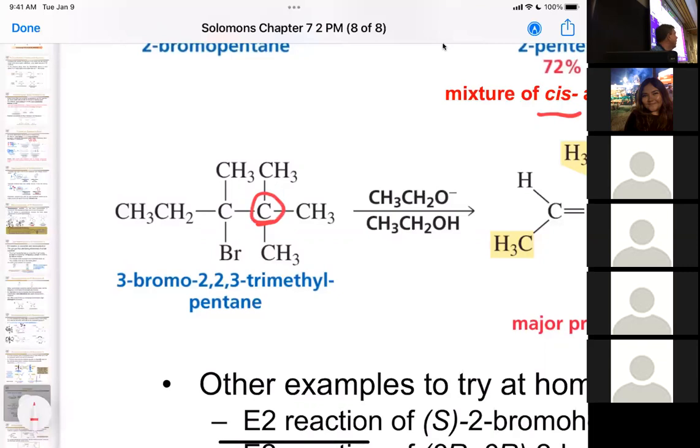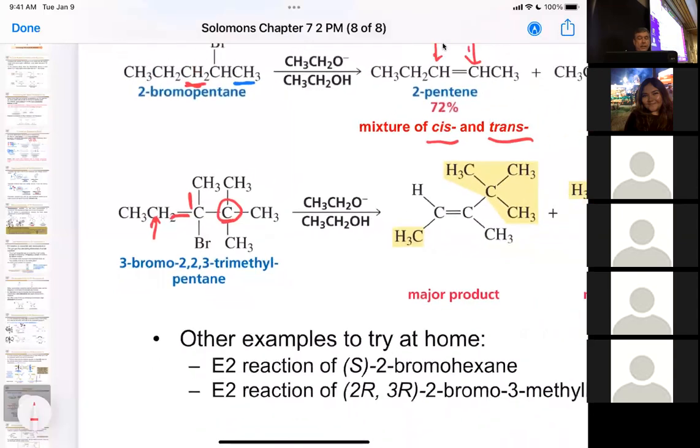We don't have any beta hydrogens. There's methyl groups. We don't have a beta hydrogen. We're not making a carbocation. So we can't use that carbon to make that structure. So that means we have to make it with this one or that one. Okay. And from that, this is our more substituted one. And this is our least substituted one.